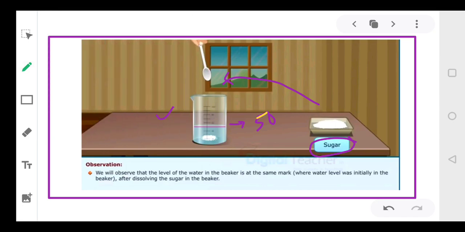Let's suppose this is 50 ml, and we add 1 spoon of sugar into the 50 ml of water. Do you think the level of water will increase? No, the level of water will not increase. This indicates that sugar occupies the space between the particles of water, and thus it dissolves into the water. So the volume of water will not increase.